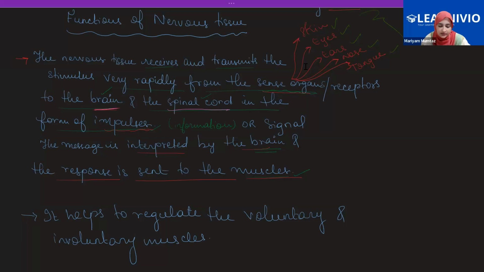Let me just check. In my book, it's there. In your book, it's there. I'll have to check there, and accordingly I will start the next chapter. But the main 3 chapters that are usually there for class 9 syllabus are the fundamental unit of life, then tissues, and then improvement in food resources. Okay, diversity in living organisms, health and disease, and natural resources, right? These all chapters are there, isn't it?